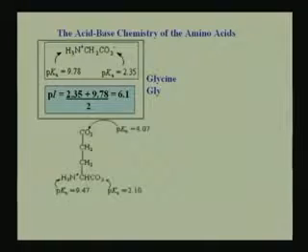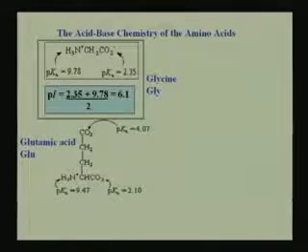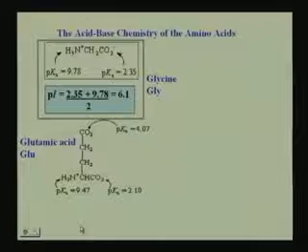Now if we go to glutamic acid, initially my charge is +1. If all of these are protonated, my charge is +1. When I lose one proton from the CO2H, which proton am I going to lose? I am going to lose the acid proton belonging to the amino acid first and not the side chain.